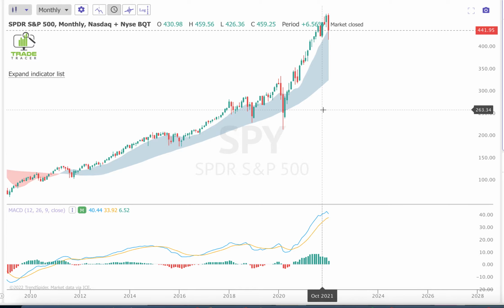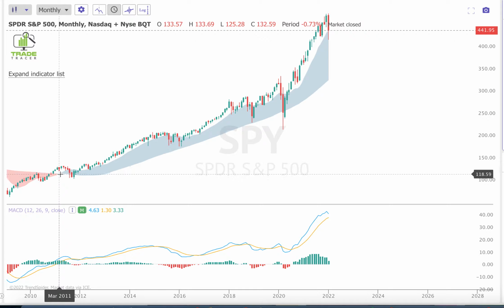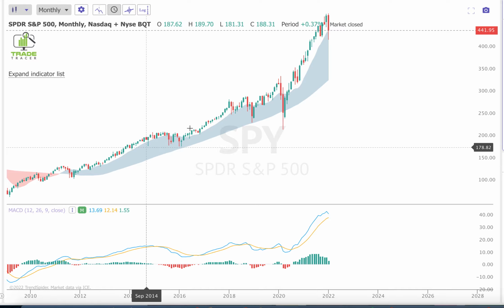But I wanted to start on the monthly time frame to give you a bit of perspective. This is the 10 and 50 simple moving average that creates this cloud. On the monthly time frame, this is a 10-month moving average at the top and a 50-month moving average on the bottom. You can see this dates back to really 2011 when we got that 10 through the 50 twist, and we got that nice uptrend.